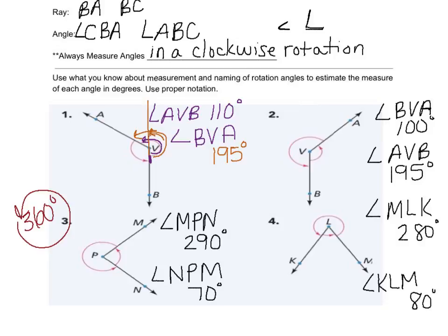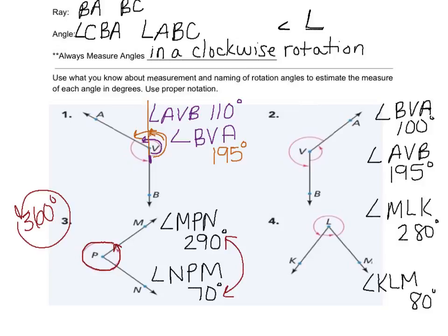So if you look at these and I'm looking at number 3. And if you look at those two angles, they make a full circle, or a rotation of 360. So I came to that realization by the time I got to number 3. So my two angles add up to 360.